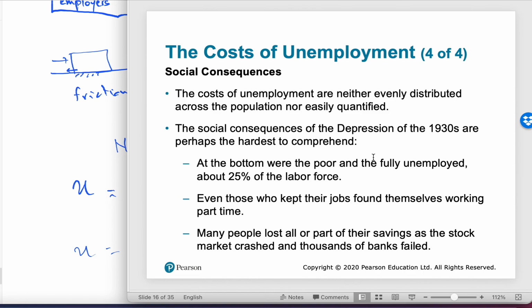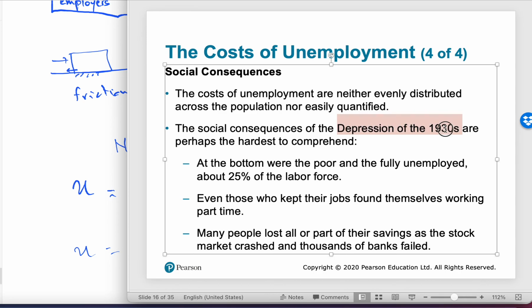The worst case was the Great Depression of the 1930s, when we saw a lot of turmoil not only in the US economy but also in every other economy in the world in those days. The First World War had just finished and people were making every effort. They ran out of their savings. They came to the city to find a job, but the banks were bankrupt. The companies were going down.